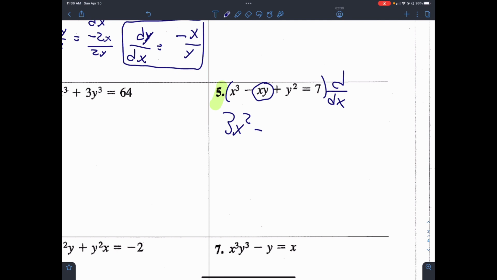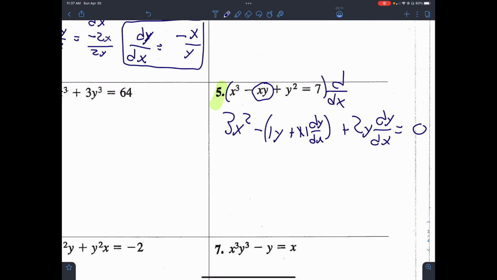You do the derivative of x, which is 1, times y, and remember this minus is going to get distributed to both these terms, plus x times the derivative of y, which is 1, times dy dx, because you're taking the derivative of y, and then plus 2y dy dx is equal to 0, the derivative of 7.